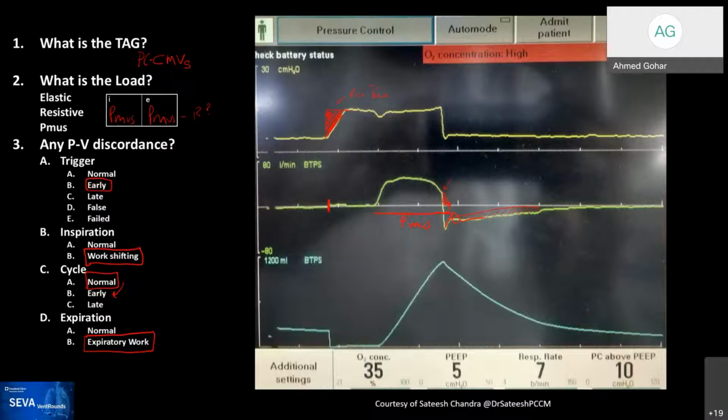So I love that question because actually it gives an opportunity for explaining this a little bit better. When we talk about early trigger or late trigger, we're talking about what we see, a description of the pattern of what you see there.